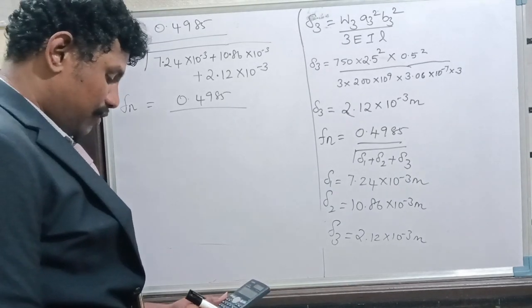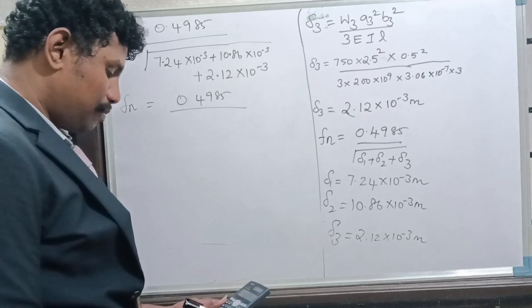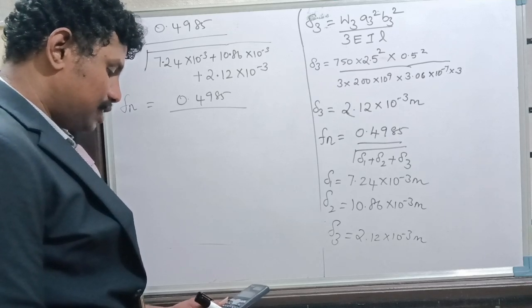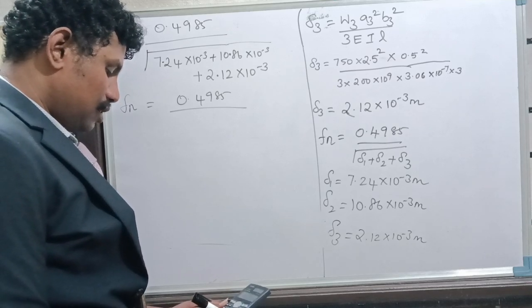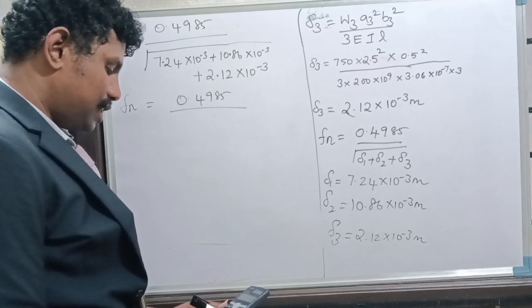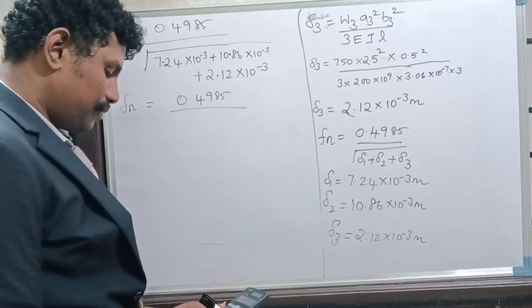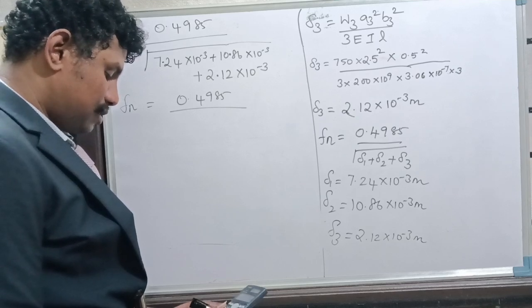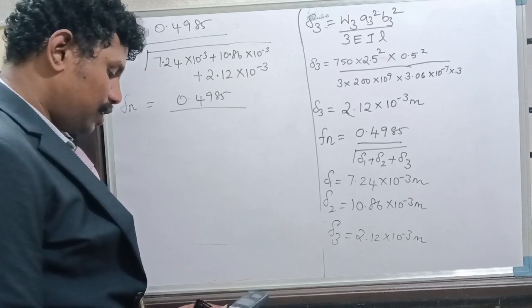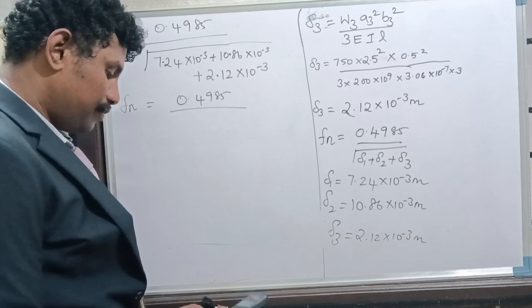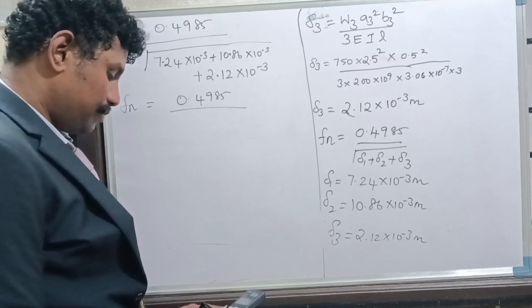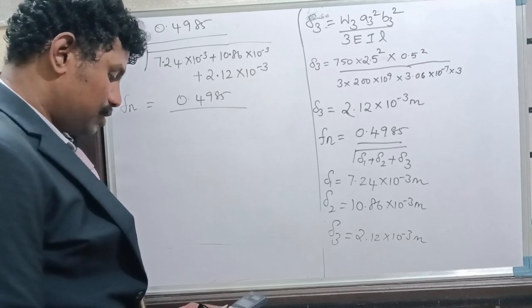So 7.24 into 10 power minus 3 plus 10.86 into 10 power minus 3 plus 2.12 into 10 power minus 3, root of this value.